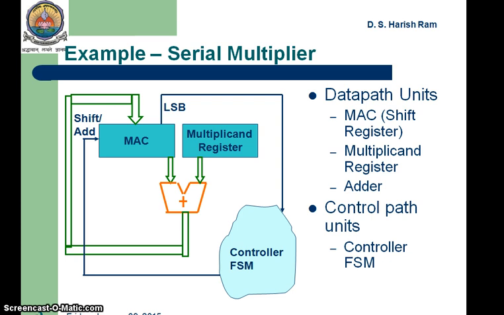So the MAC or the multiplier accumulator register is essentially a shift register. So these two registers form part of the data path, and also we have an adder as part of the data path. And here the control path is comprised of a state machine, the controller state machine, which essentially keeps track of the number of additions that are taking place during a particular multiplication operation.